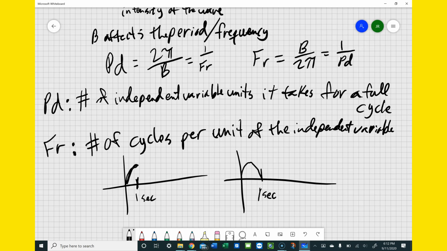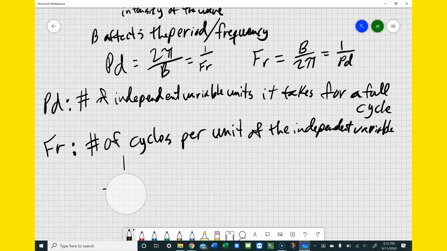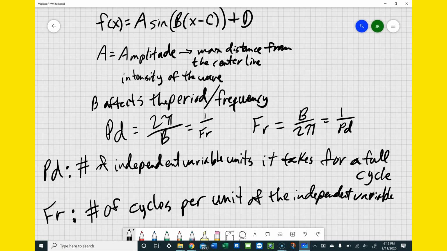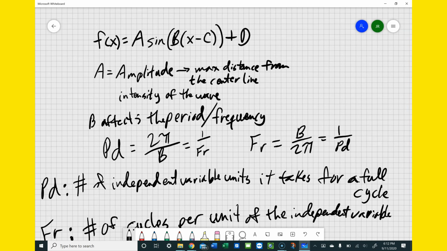Or if it did this all in 1 second, then the frequency would be 1 cycle per second. So the period and the frequency are inverses, reciprocals of one another, and both of them are determined by this letter B right here.